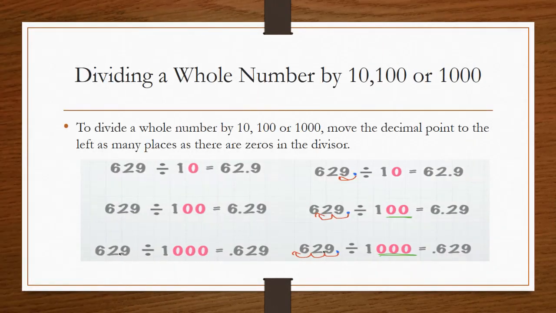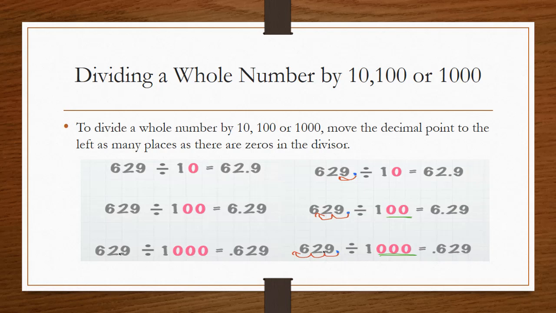While dividing a number by 10, 100 or 1000, if it doesn't have zeros at the end, what do we have to do? To divide a whole number by 10, 100 or 1000, move the decimal point to the left as many places as there are zeros in the divisor.